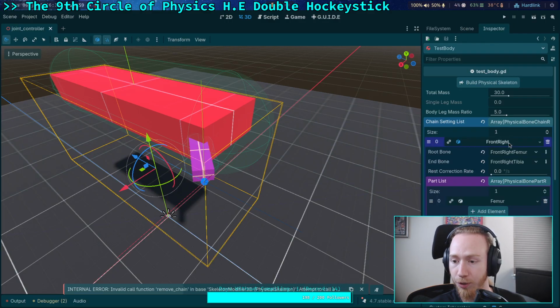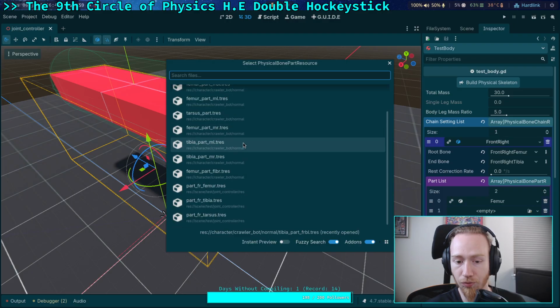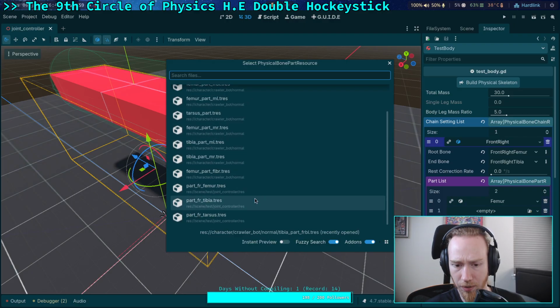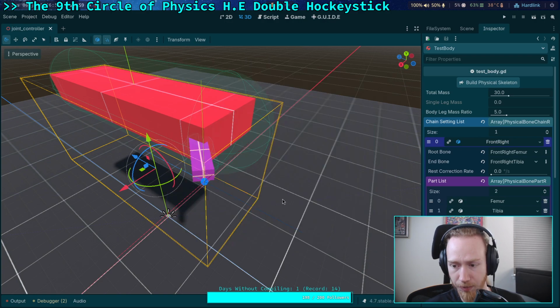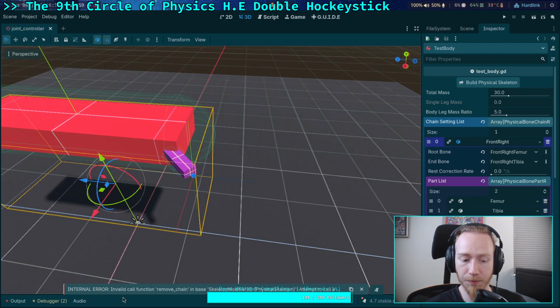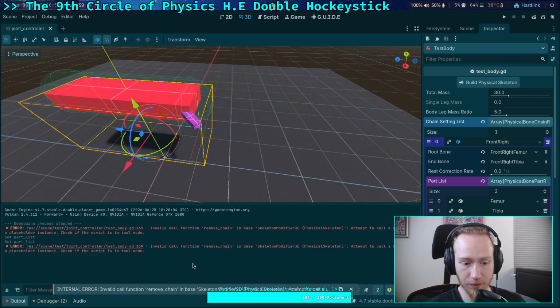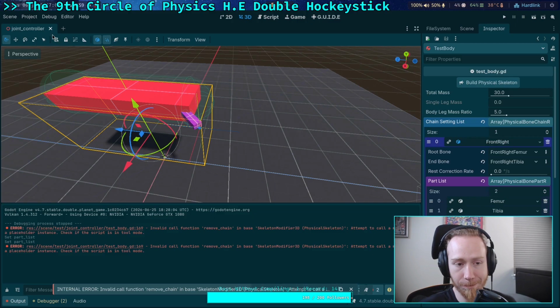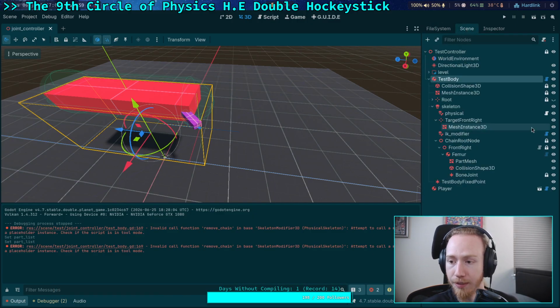Invalid call, remove chain. What? A placeholder instance. I can tell you it is not a placeholder instance.